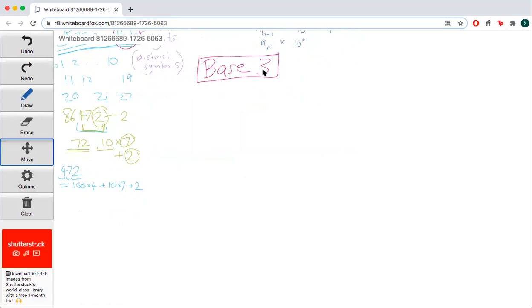And in the base 3 setting, remember that base 10 had 10 symbols. So we had 10 digits for base 10. Now in base 3, the idea is that we only need 3 symbols.